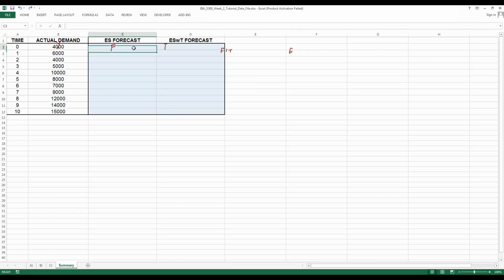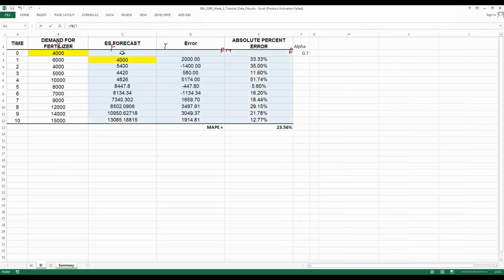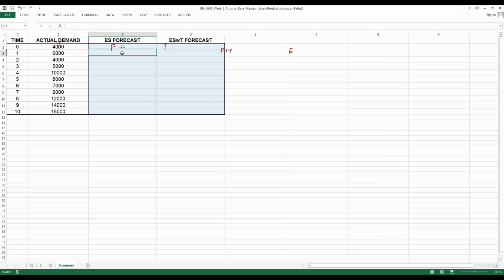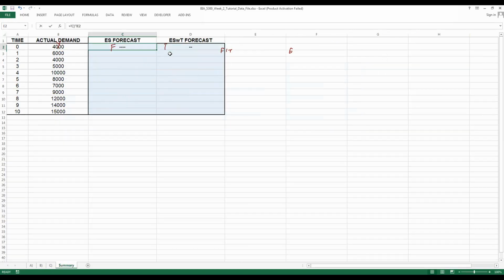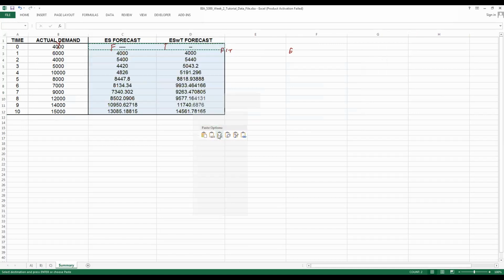And for our summary, we can put the two forecasts in here, right? So I can say this one is from section B, and this one is from section C, the FIT, and then I can just copy and paste those formulas down, and we can get the two different forecasts.